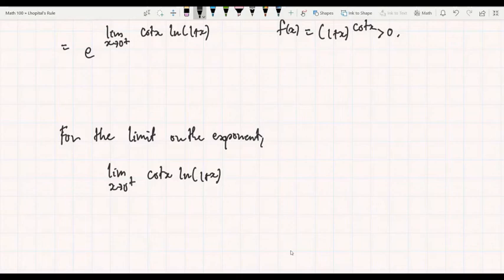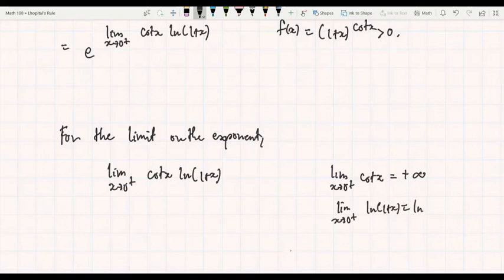So checking the form, we have the limit as x goes to 0 plus of cotangent x. Again, we have seen from above that this is positive infinity, and then the limit as x goes to 0 plus of ln of 1 plus x is nothing but ln of 1 plus 0 or ln 1, so this is 0.